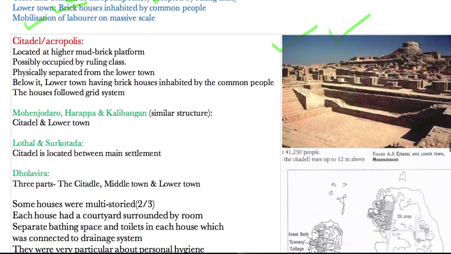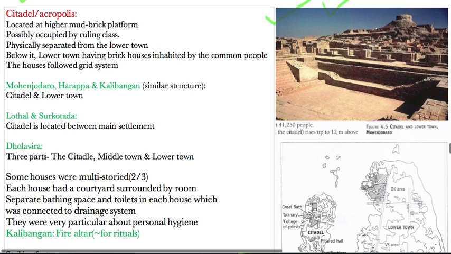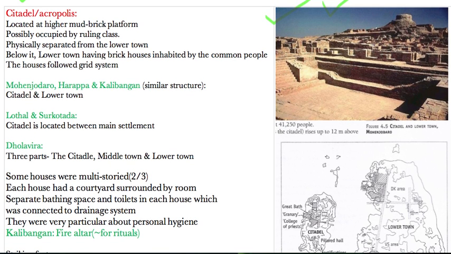So here we will discuss one by one the various structures which were there in Indus Valley Civilization. The very first structure which we are going to discuss is the citadel or acropolis. It was located on higher mud brick platforms. Initially a platform was raised of mud and brick, and over that the citadel was planned.